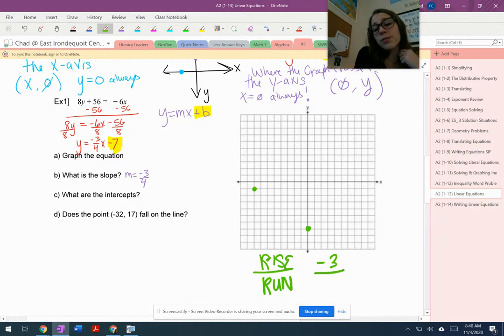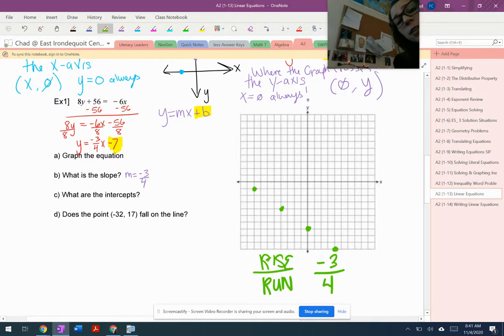So the negative 3 would be telling me to go down 1, 2, 3. And the positive 4 would be over to the right, 1, 2, 3, 4. And then to go the other way, to finish that line, I go the opposite. Instead of going down 3, I'm going to go up 1, 2, 3, and then to the left, 1, 2, 3, 4, and there we have it.